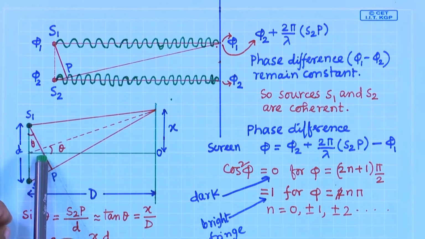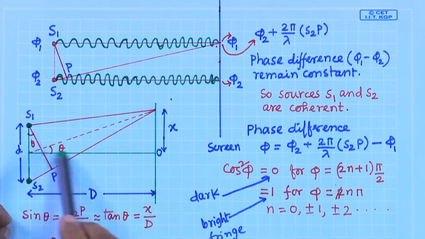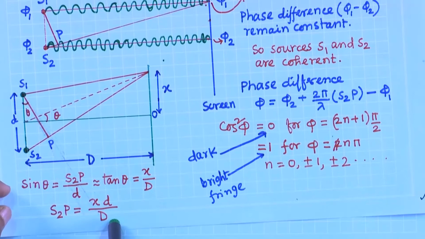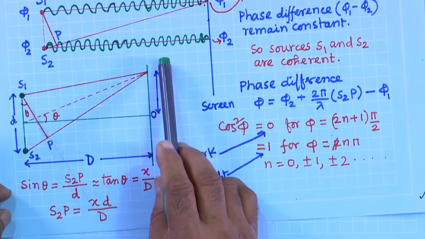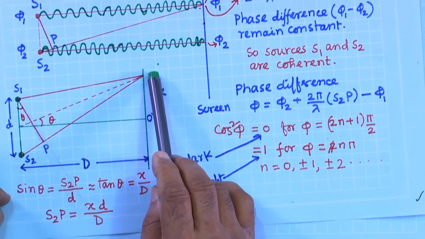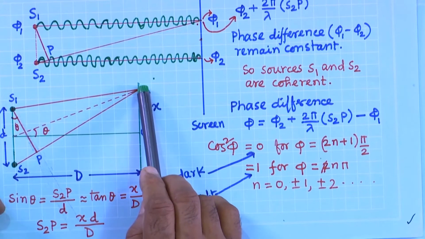If the angle is small, we can write sin theta equal to S2P by d, equal to tan theta, that is x by capital D. From there, S2P equals x d by D. So path difference is basically related to the distance of the point where we are observing the path difference, phase difference or interference effect.